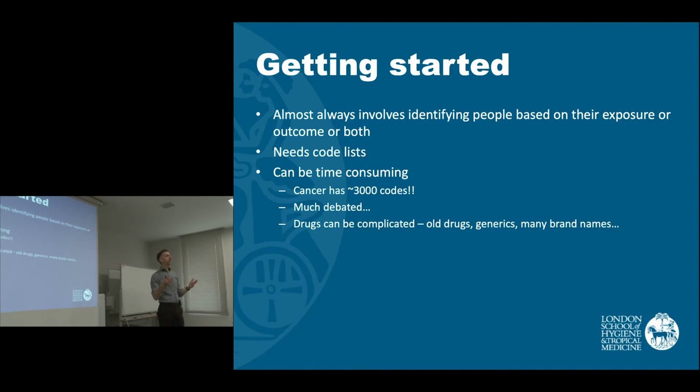If you get 2 investigators, they won't all agree on what should be in each list. And there will be some really obvious ones. So there'll be a code that just says breast cancer. Now everybody will agree that code should be in. But then there will be some obscure, unusual terms that are slightly ambiguous, and we need to decide, do we include them or not include them?